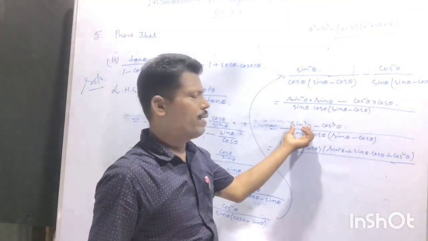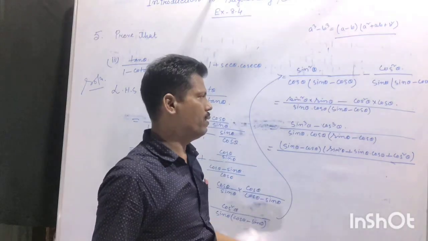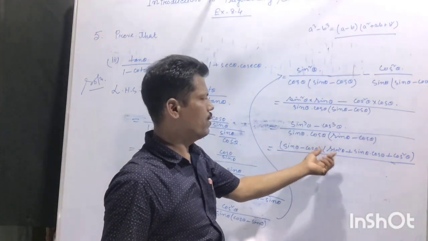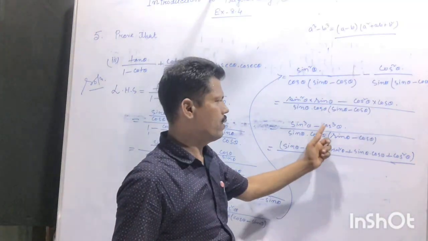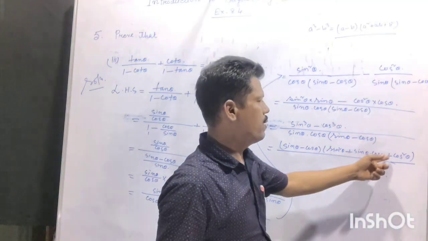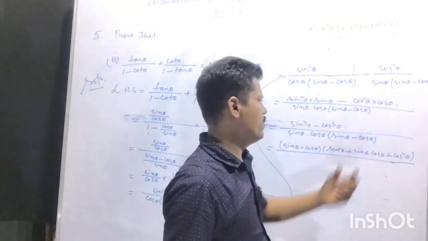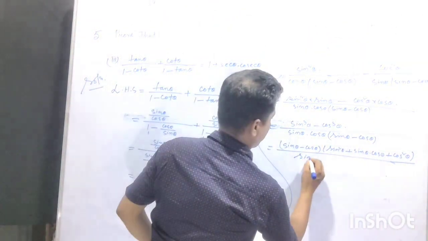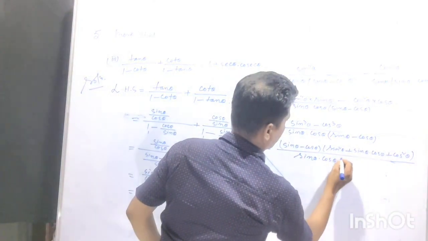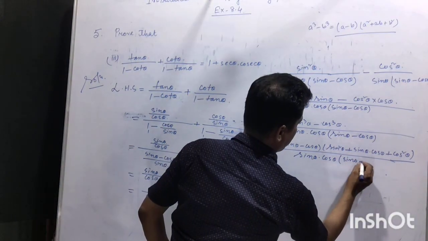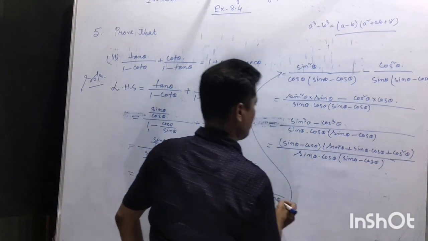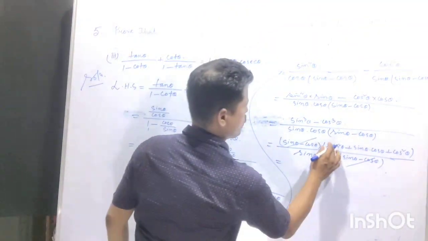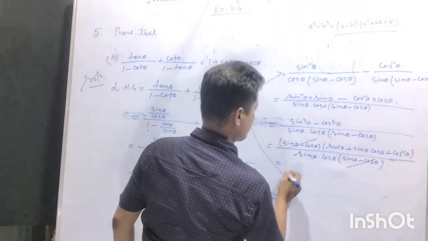So similarly we can write sin cube theta minus cos cube theta as sin theta minus cos theta into first term square plus first term into second term, cos theta, plus cos square theta, the second term square. The denominator part is sin theta into cos theta into sin theta minus cos theta. So sin theta minus cos theta can cancel here. Then in the upper part sin square theta plus cos square theta, that value is 1.